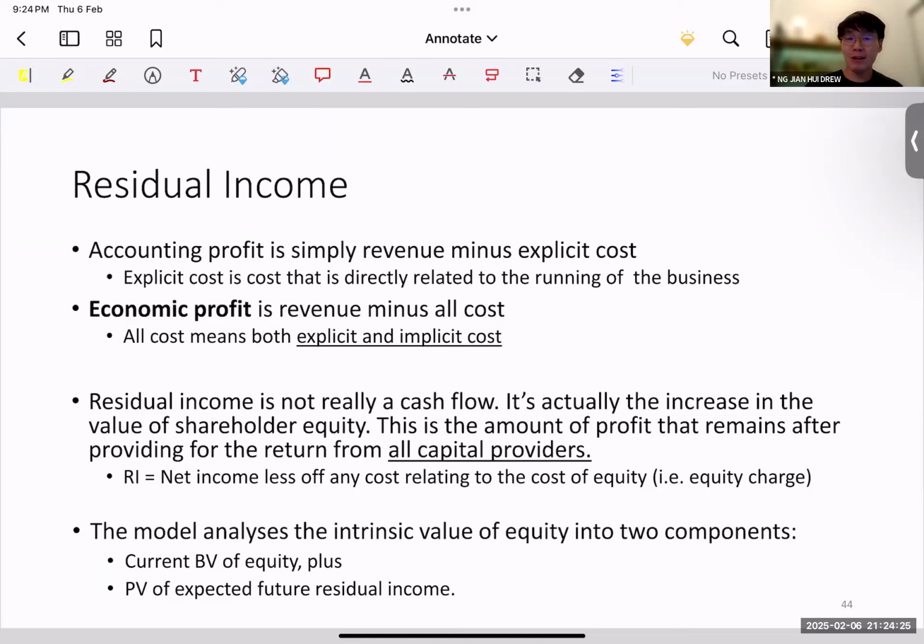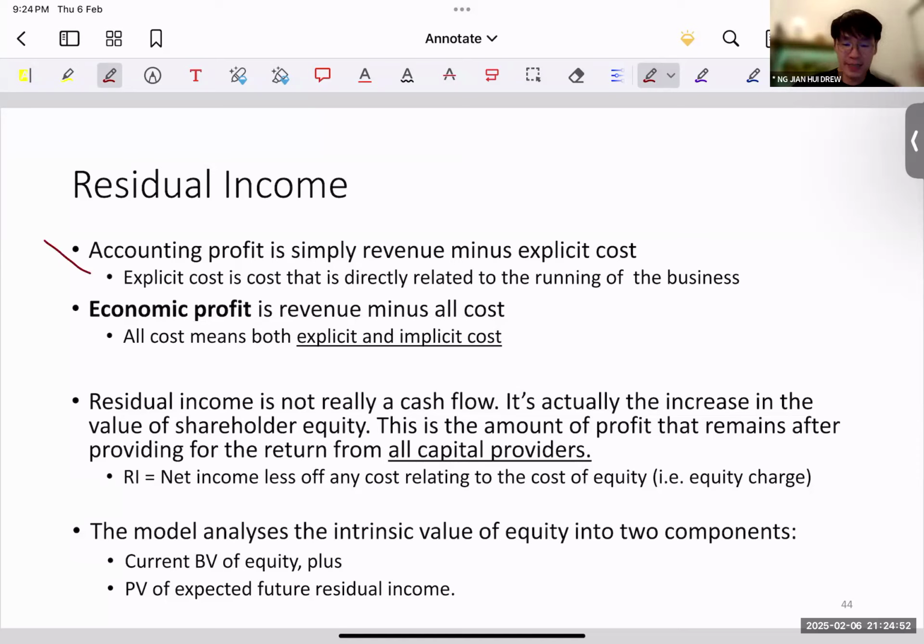And this is exactly what we're trying to do here in residual income, because we are not going to rely simply on the balance sheet. We are going to use the concept of implicit cost plus explicit cost in our determination of profit. So what I've explained to you will make sense here.